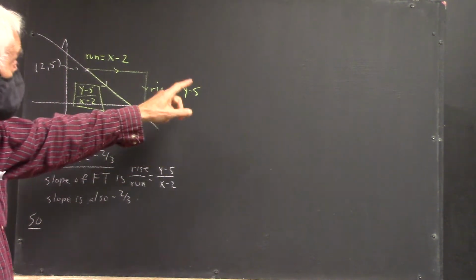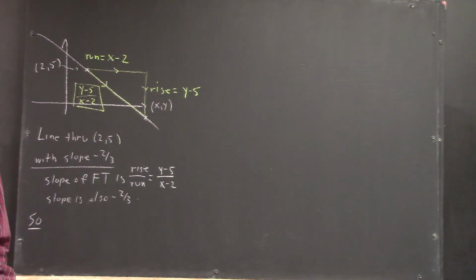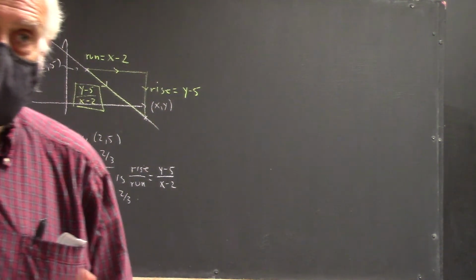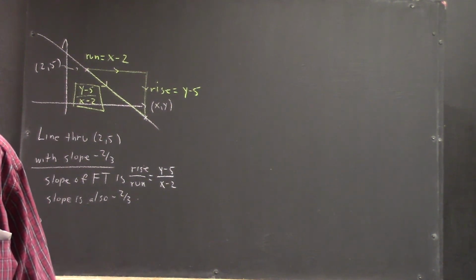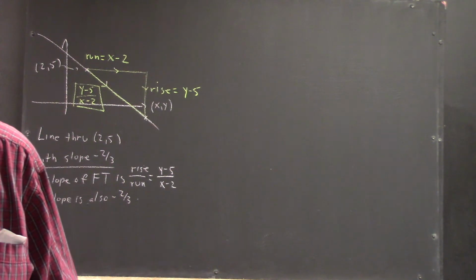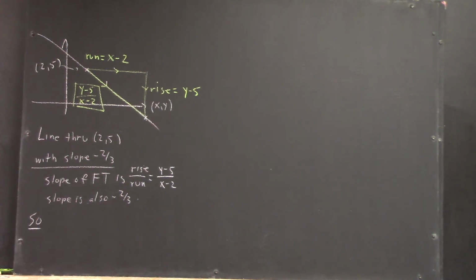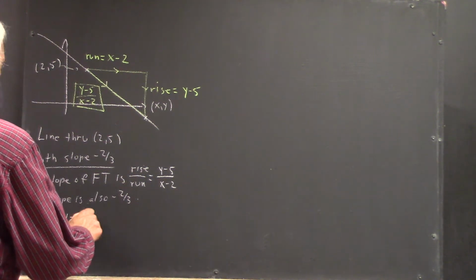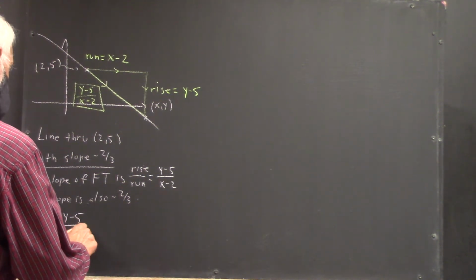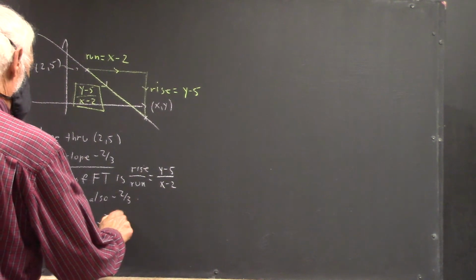You get y minus 5 over x minus 2, right? But if we got 2 things that are equal, what do we do with them? We write an equation. If 2 things are equal, we can write the equation, in this case, set one of them equal to the other.